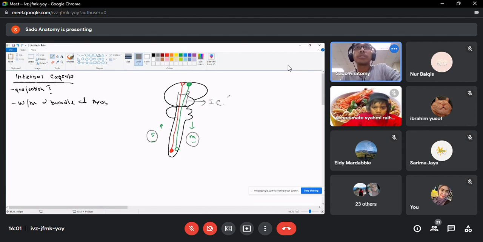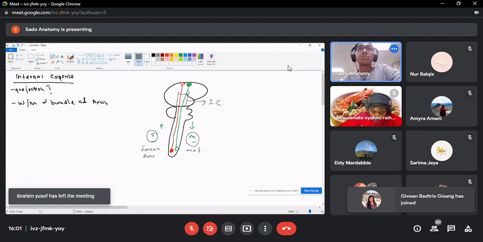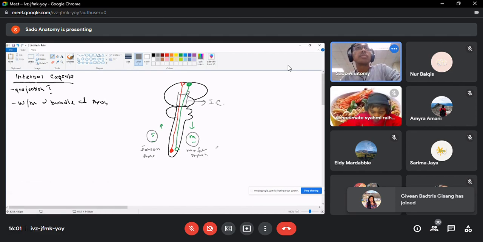General description: internal capsule is basically a bundle of axons, and it consists of sensory axons and also motor axons. That's the internal capsule.